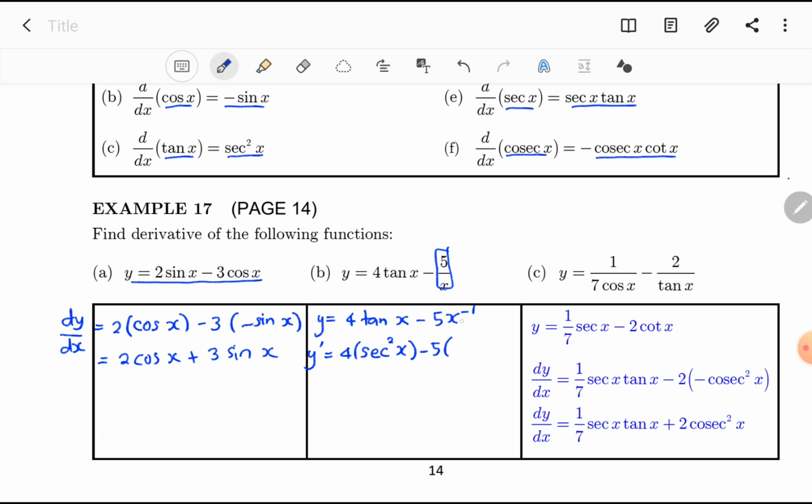For this case, we need to use power rule. So we bring down the power, negative 1, we write x, and we reduce the power by 1. So negative 1 minus 1. So we will get 4 sec square plus 5x power of negative 2, or equals 4 sec square x plus 5 over x squared.